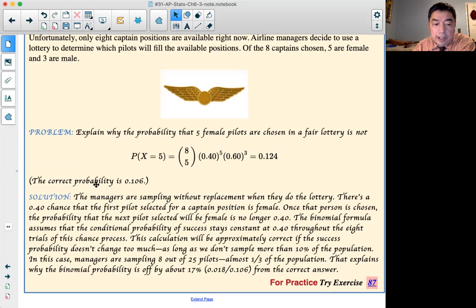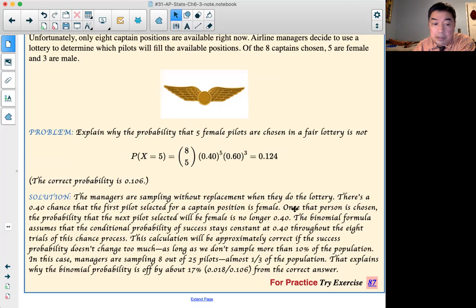However, the correct probability is 10.6%. And I'll tell you why. The managers are sampling without replacement when they do the lottery. There is a 0.4 chance that the first pilot selected for the captain position is female.